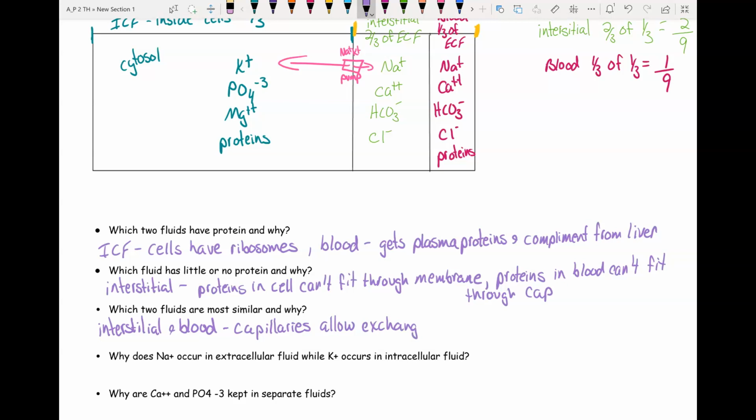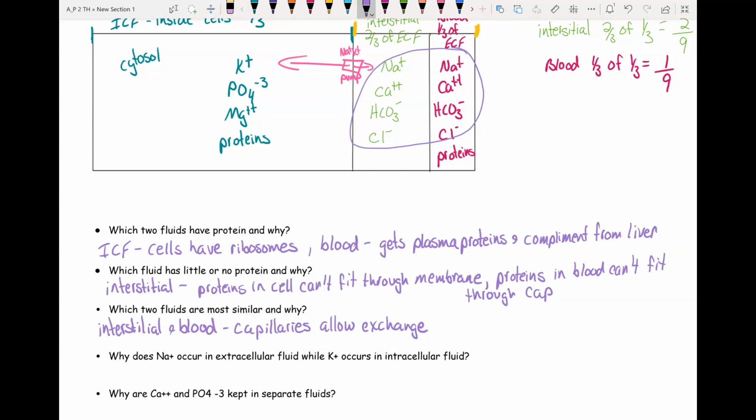And really, the only difference between the interstitial and the blood is the proteins. Everything else you notice is the same here. The only reason that the proteins are a difference is because proteins are too big to fit through those holes.